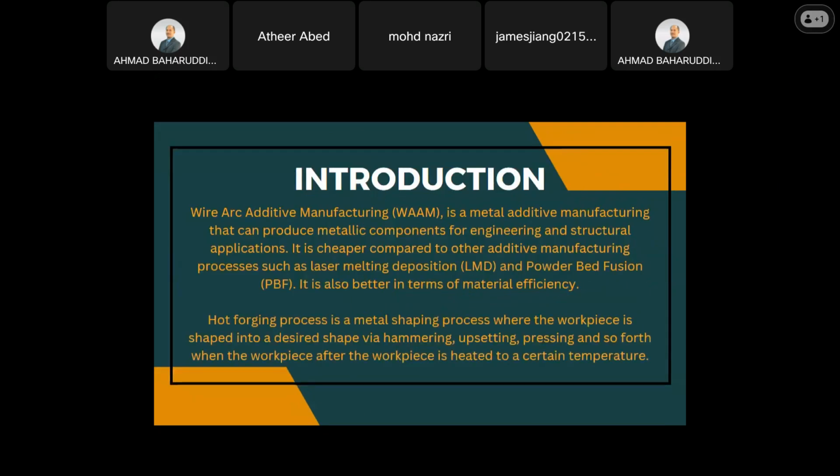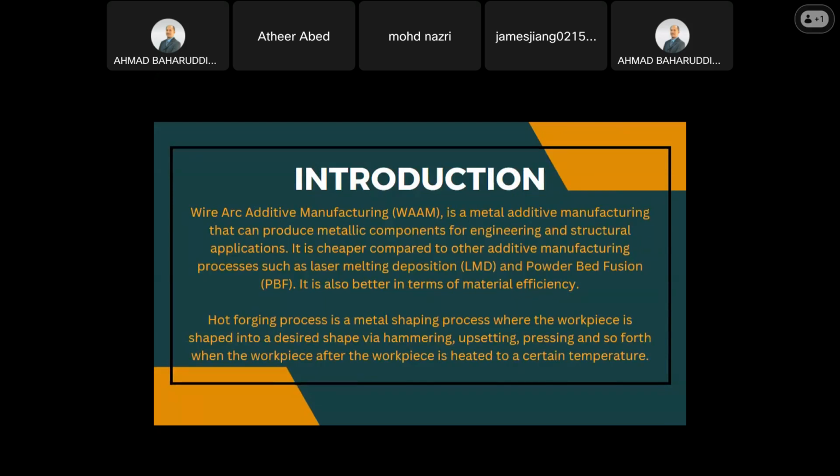Okay, so this here is the introduction. As we all know, wire additive manufacturing, also known as WAM, is a metal additive manufacturing process that can produce metallic components for engineering and structural applications.